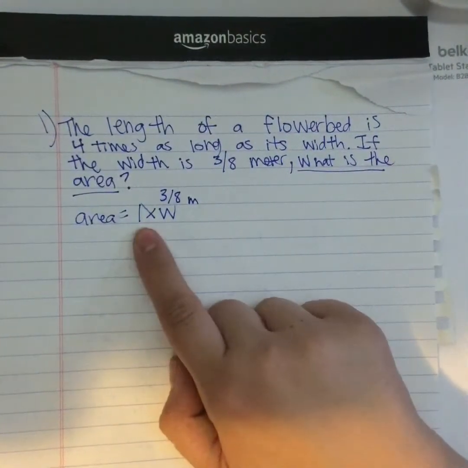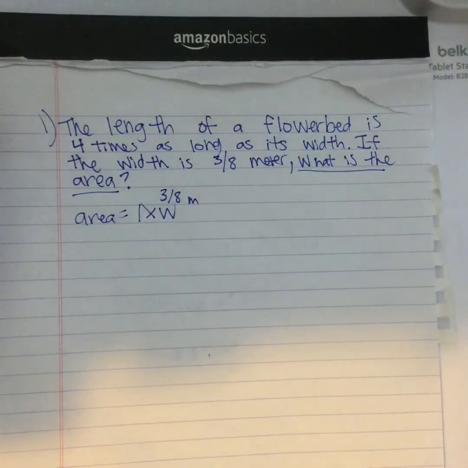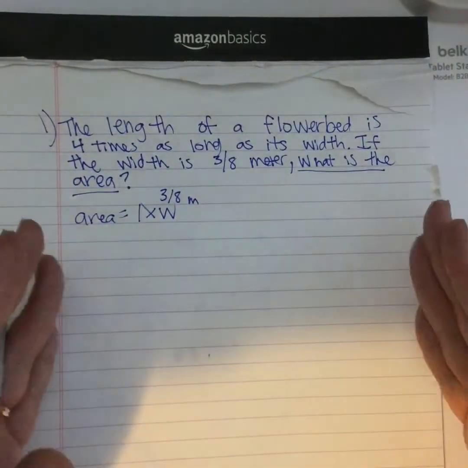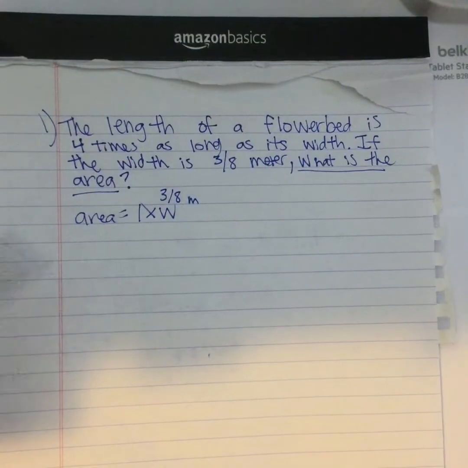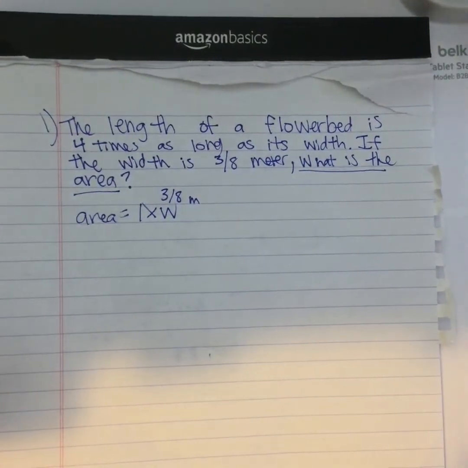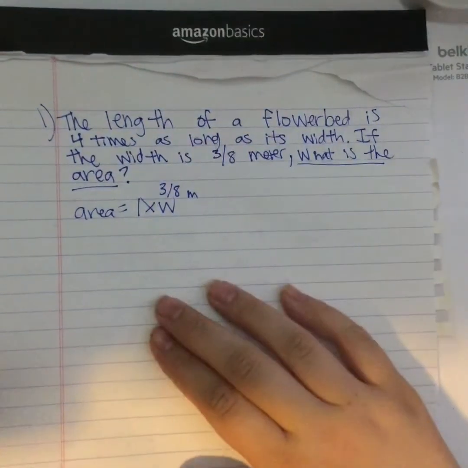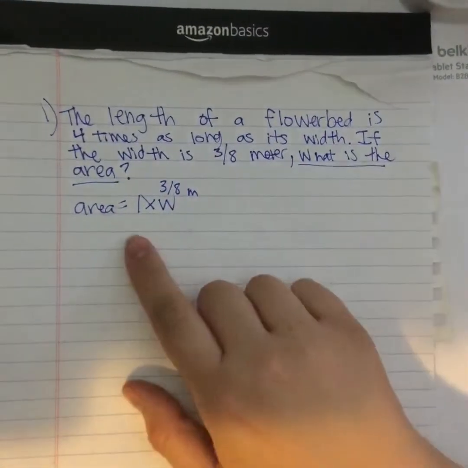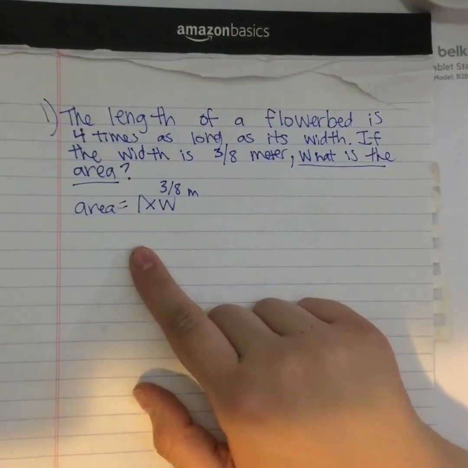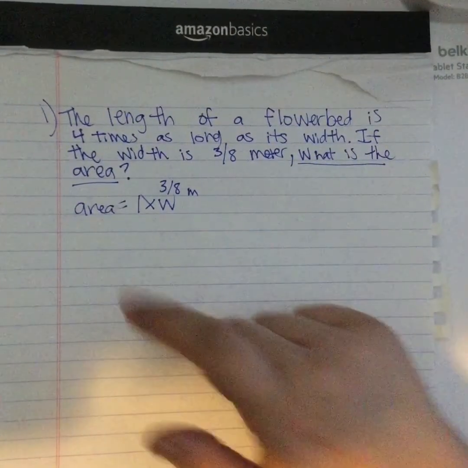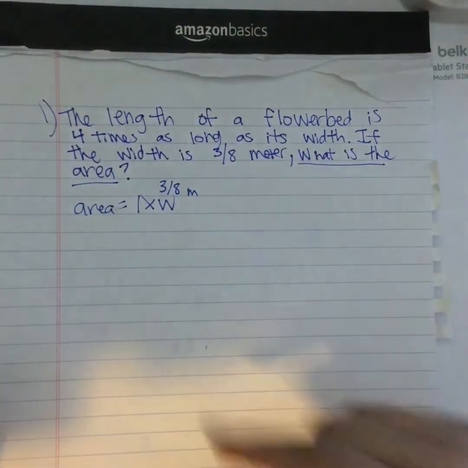We know that the length is 4 times as long as the width. So we need to figure out what the length is. To do this, we're actually going to use the standard algorithm of multiplying fractions. We've done this a whole lot in Module 4, so this shouldn't be anything new to you.